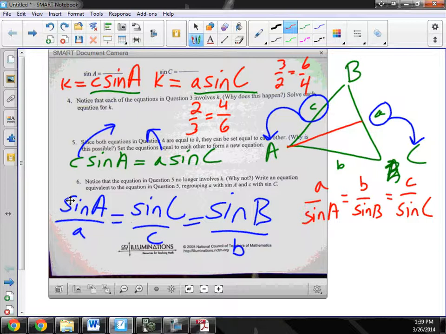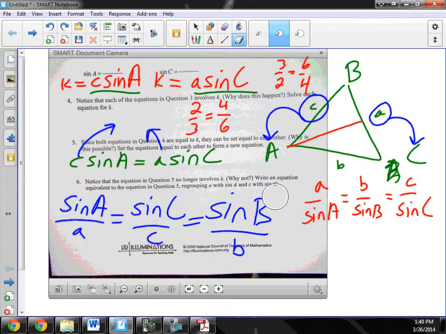But now, if we know 3 parts of a particular triangle, then I can find all of the other parts. Well, depending on if they give us the right piece of information. So let's forget this sine of b idea.